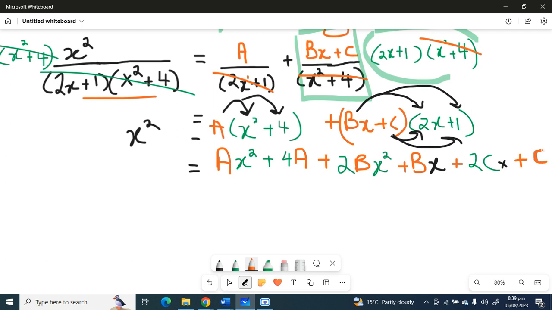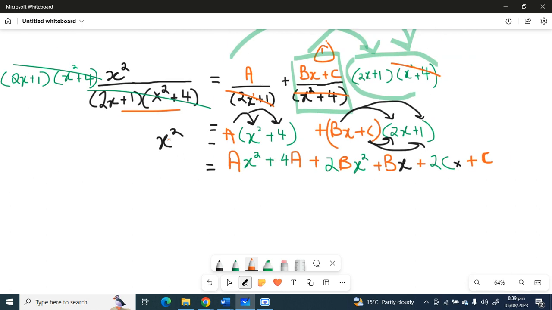Now on the left hand side, this x squared, we have to express it as a quadratic equation because here we are equating coefficients. All right, so this becomes x squared plus 0x plus 0.